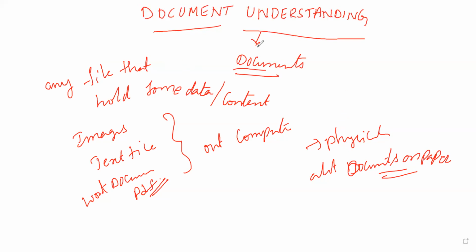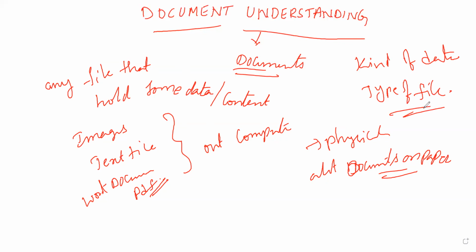So document understanding means understanding what we actually have in these documents, what kind of data, what is the type of file. Type of file in the sense is not about whether it is an image, a text or a Word file.